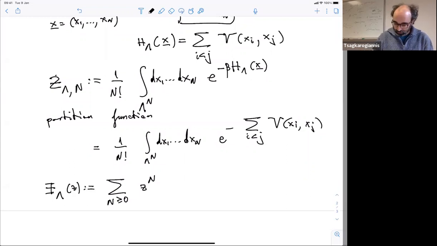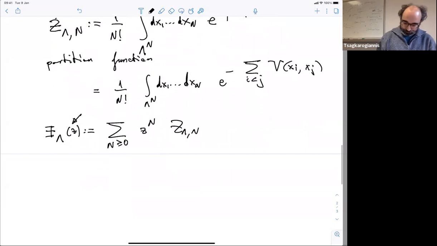This is z, and I sum the canonical one, where before the control parameter was the number of particles, and now the control parameter is the activity. These are two equivalent ways of studying the problem, and these are the quantities which in the limit will give me the free energy.